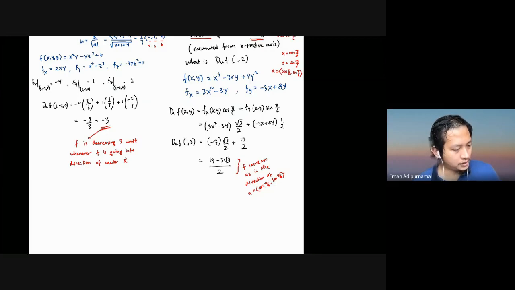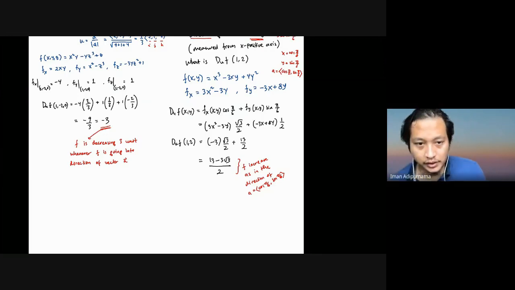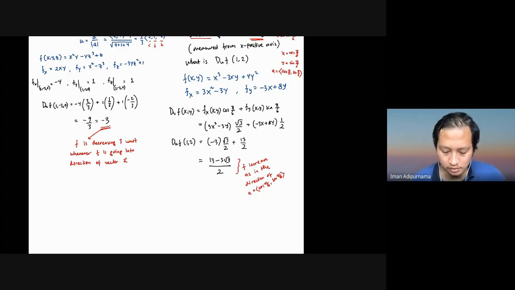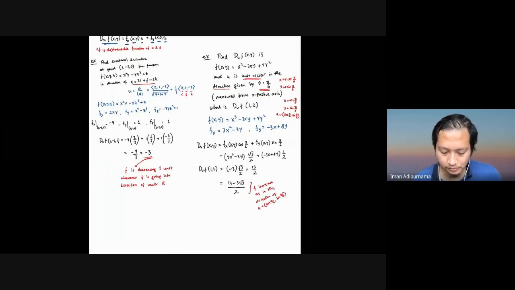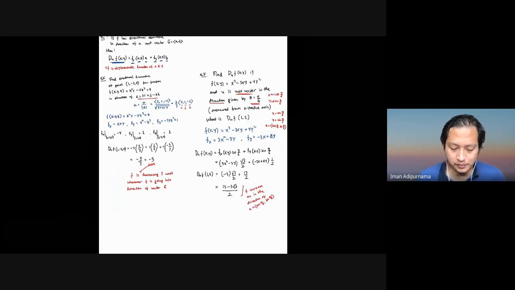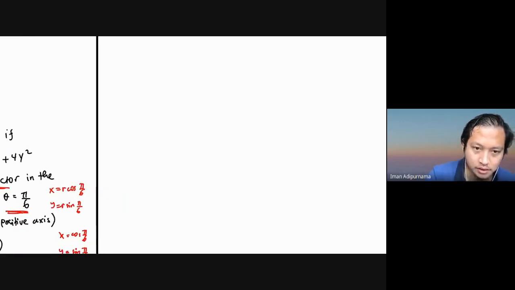The next thing is actually still the directional derivative, but we are using another term. It's called the gradient vector. Okay, any questions first? Okay, let me move on. I think I can finish all of this gradient vector part because it's similar to the directional derivative. So let me write the directional derivative.